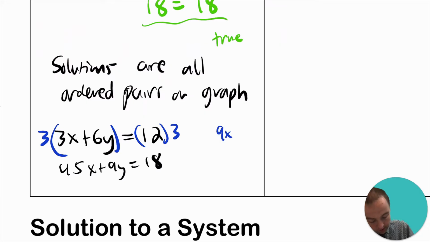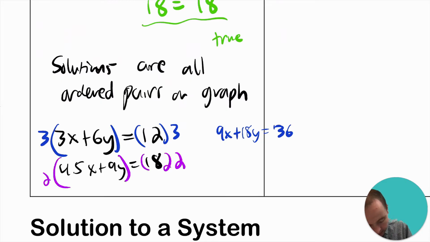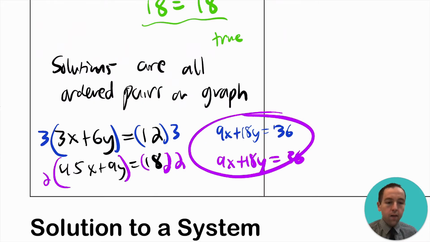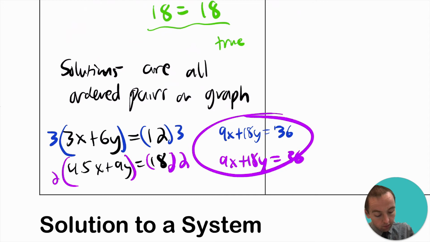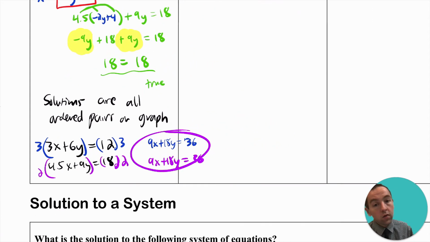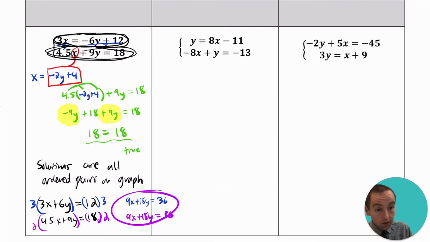We get 9x plus 18y equals 36. And then with the other one, I'm going to multiply that by 2 on both sides, and you end up getting 9x plus 18y equals 36. And so you can see, hey, they're actually the same equations as each other. So yes, of course, the solutions will be all ordered pairs on the graph. So you may encounter that when you're solving and come up with a true number statement like that.